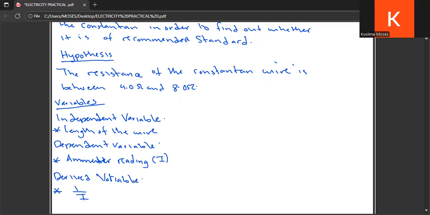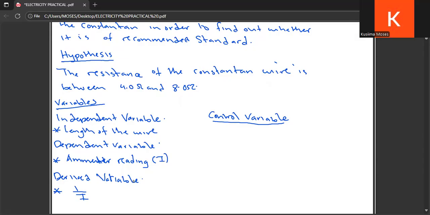Now we are going to be looking at the control variable. In this experiment, we are trying to investigate resistance and current. Look at which factor affecting resistance we are investigating here.